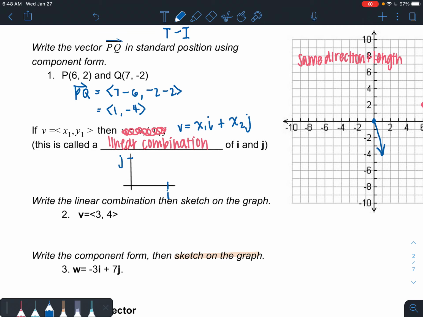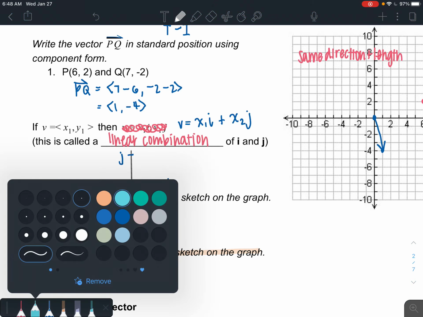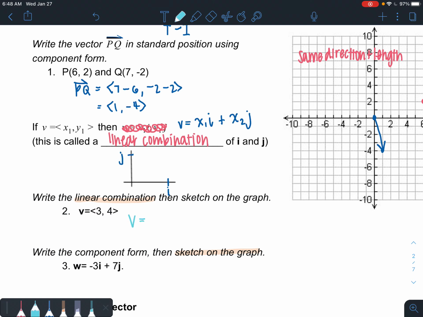Okay, so we're going to write this linear combination, which is with that i and that j, and then sketch it. So I'm going to do that in blue. So we're going to have 3, 4, so it's going to be v. Let me thicken this up. V is equal to 3i plus 4j.